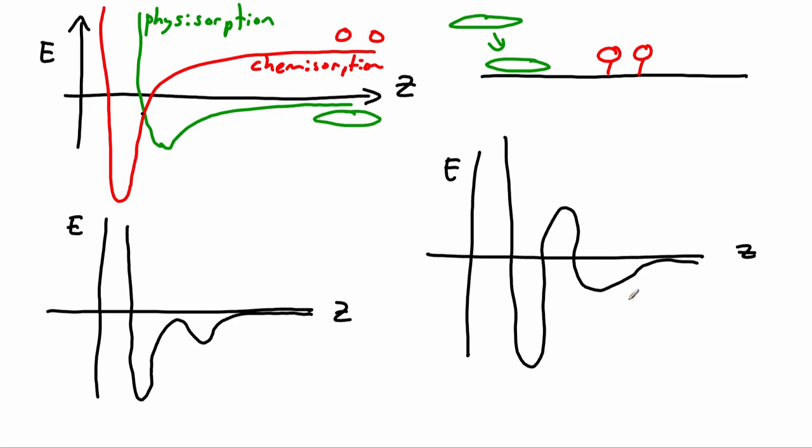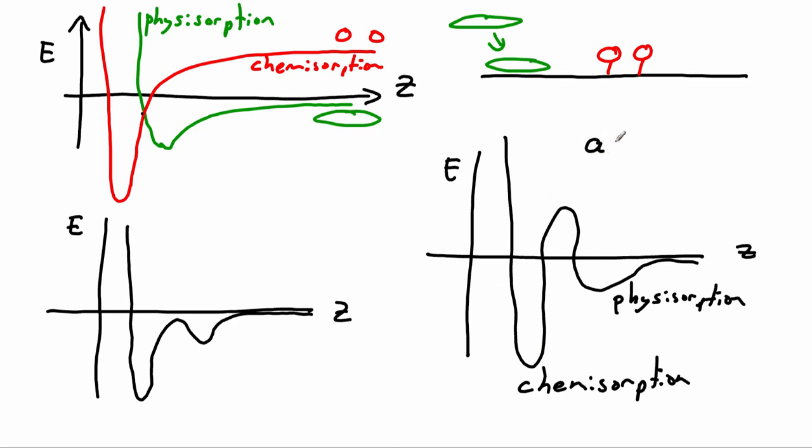So here we have a physisorption well, and if the molecules get close enough they can fall into a chemisorption well. Notice that there's actually an energy barrier to chemisorption in this case. Over here we can slide down into that well. Here we have to actually supply energy if we want to fall down to this well. So there's actually an energy barrier to adsorption.